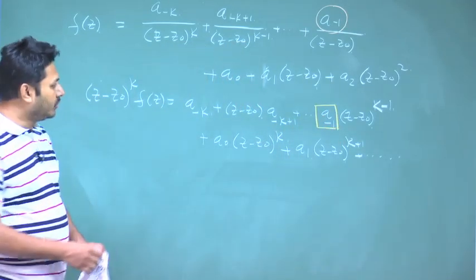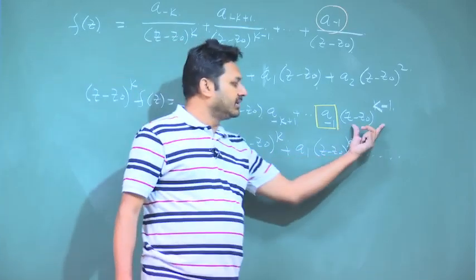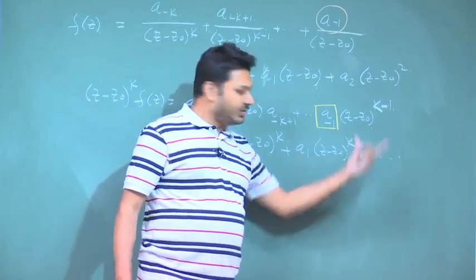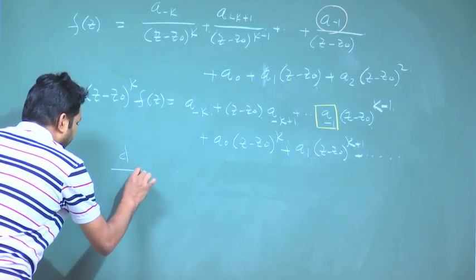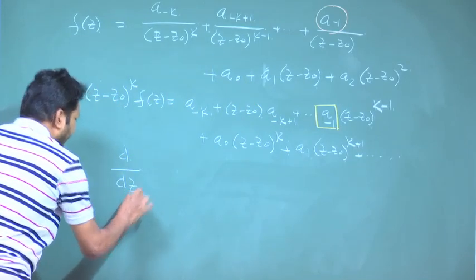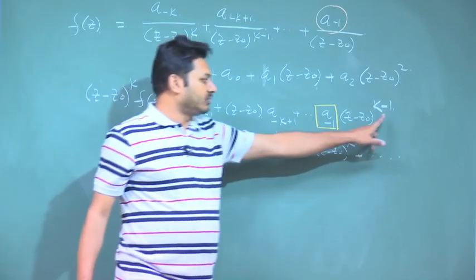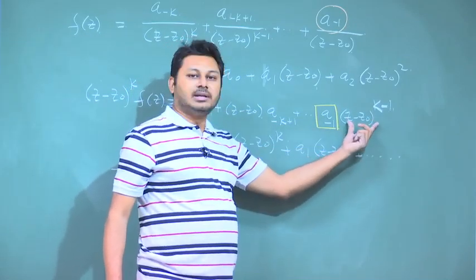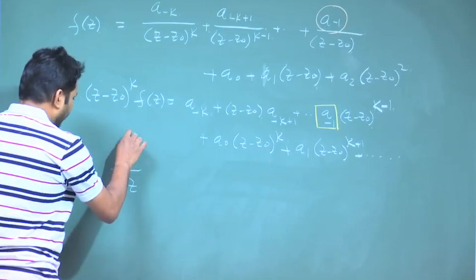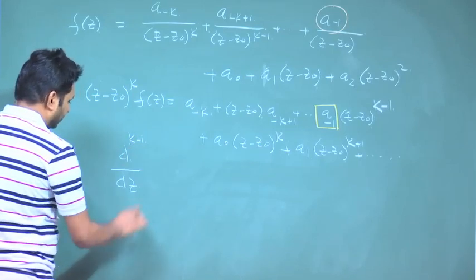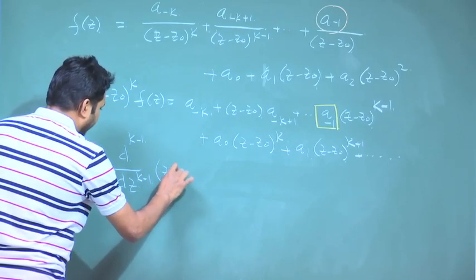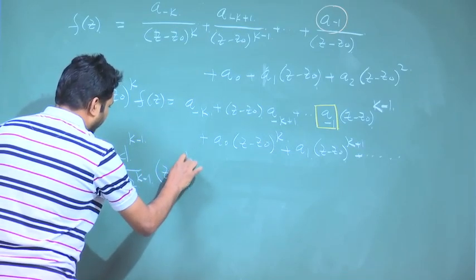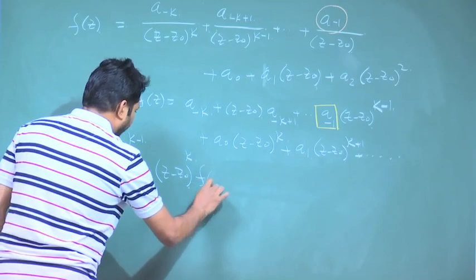So I need to reduce these terms. The best way is to take the derivative of the left hand side with respect to z, k minus 1 times, so that all these terms will go away. That is d to the k minus 1 over dz to the k minus 1 of (z minus z0) to the power k f(z).